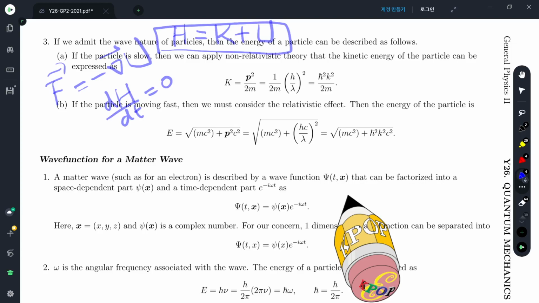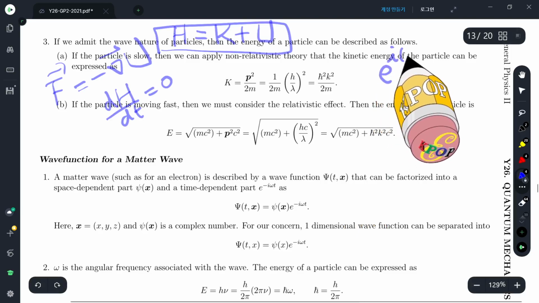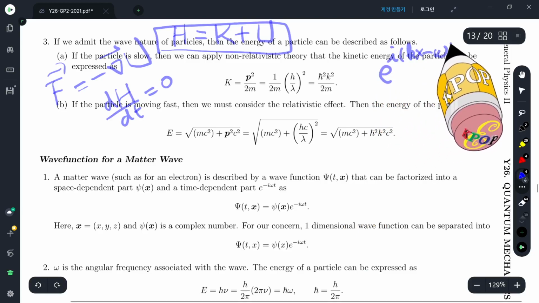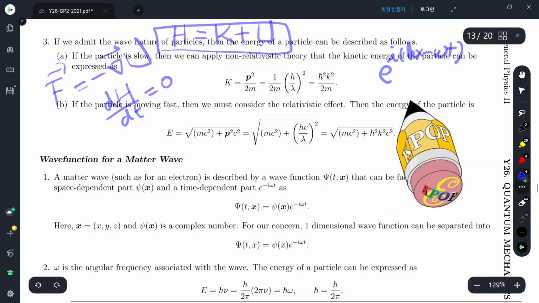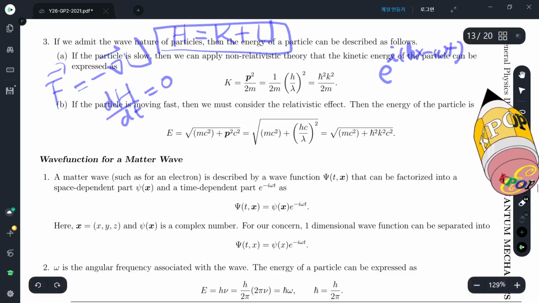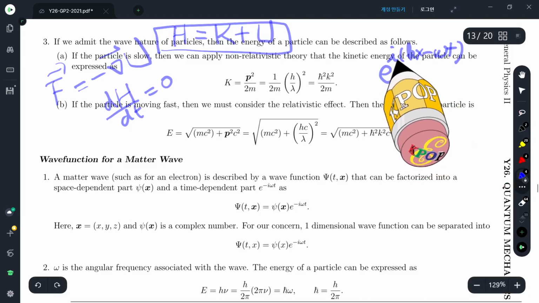First, let us try a very simple wave, that is a monochromatic wave, e to the i(kx minus omega t). This is a one-dimensional monochromatic plane wave, moving along the x direction only. If I want to pull out the information of wavelength, it's very simple.